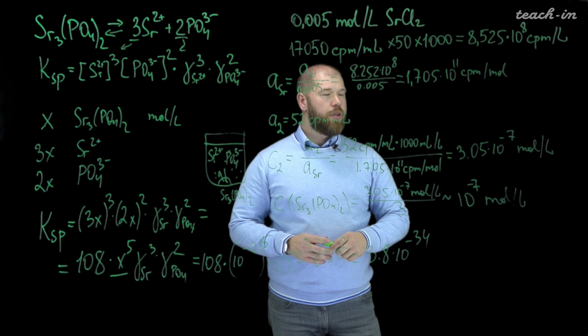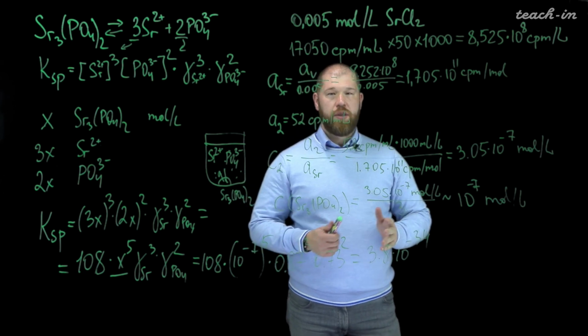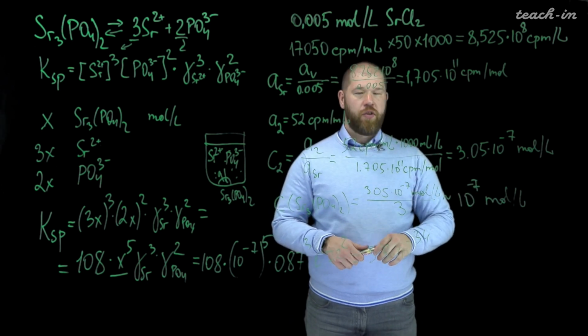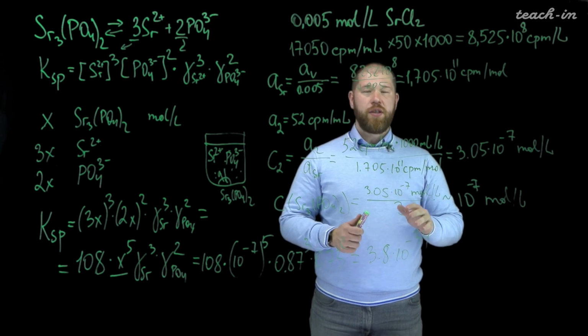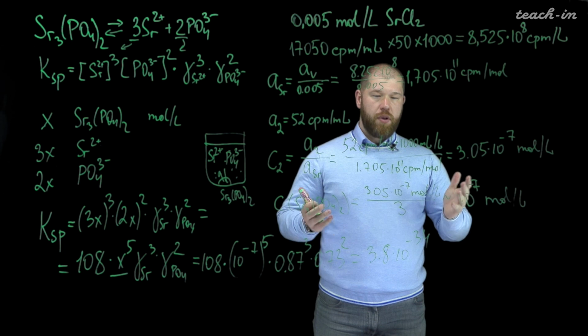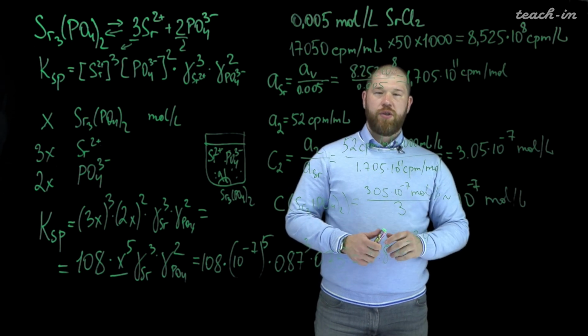For example, with short-lived isotopes with half-lives of days, let's say, we can determine concentrations down to 10 to minus 15 mole per liter. And this is all for today's seminar, and see you next time.